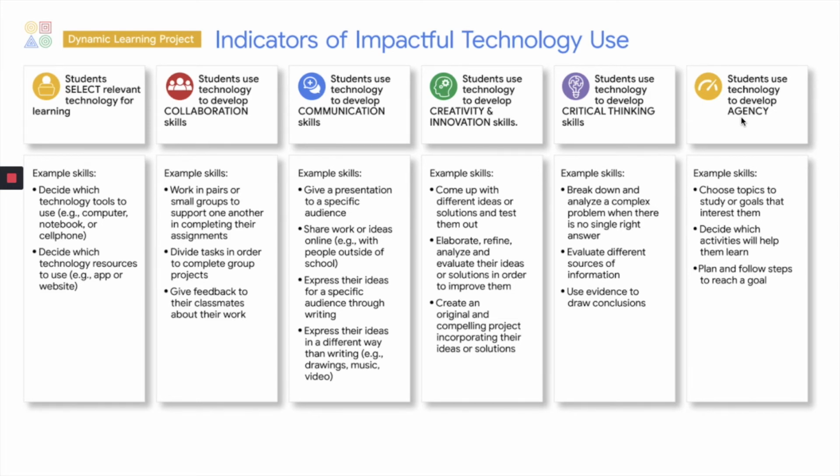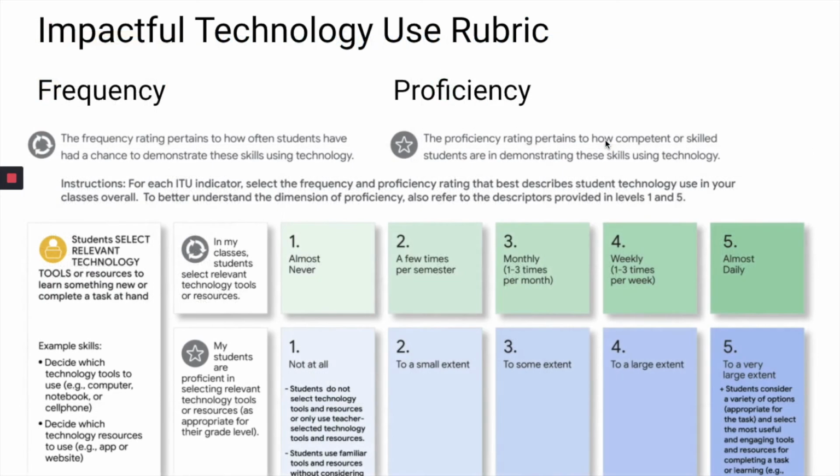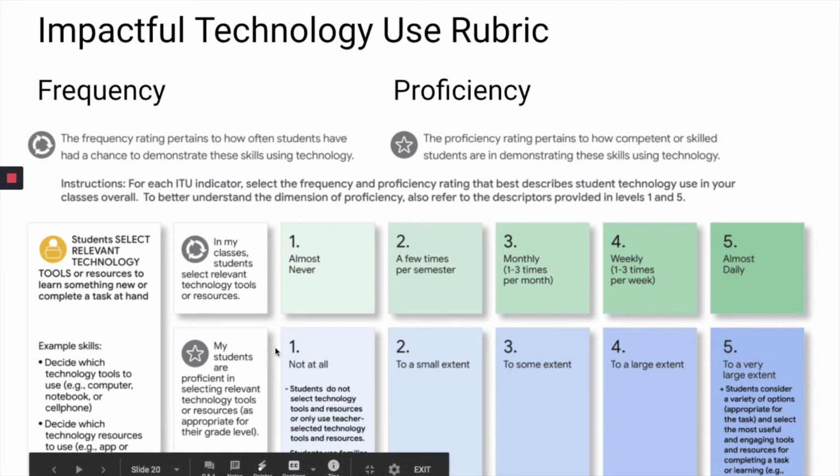And then in the impactful use survey, they actually have a rubric where they're looking at 2 things: frequency and proficiency. So how often do, for example, students get to select their tools, from almost never to almost daily? And how proficient are they at it?